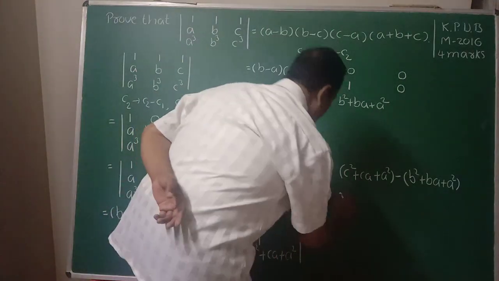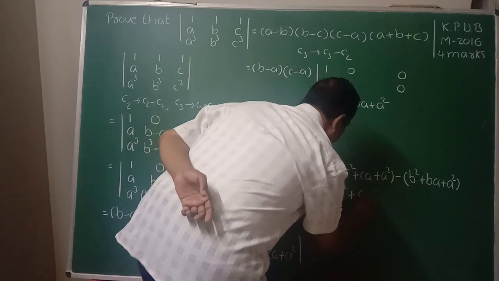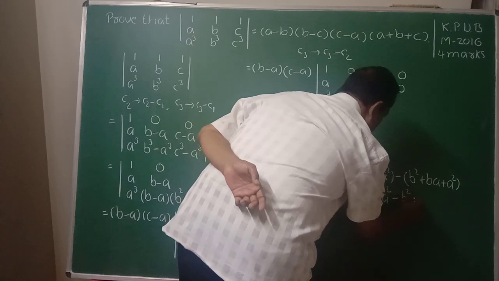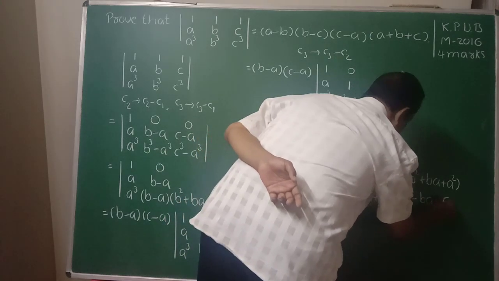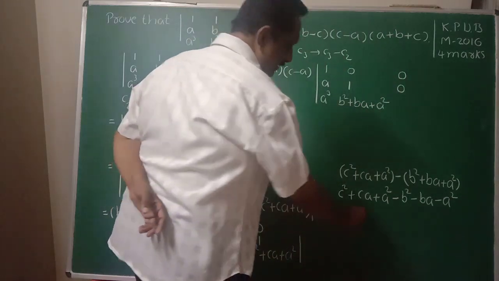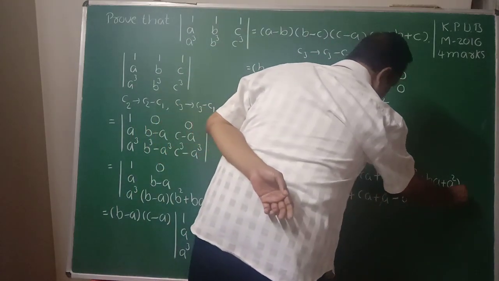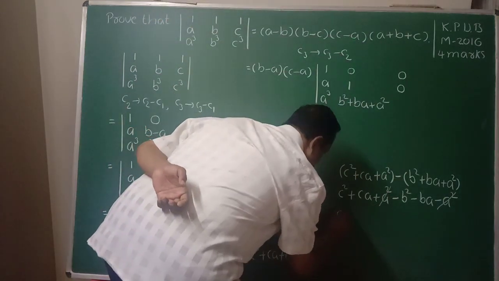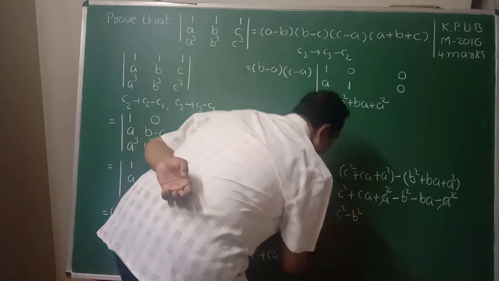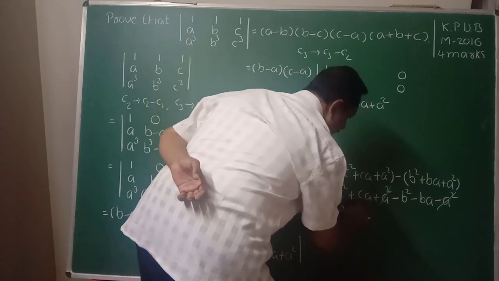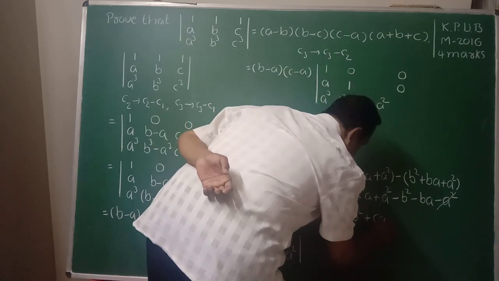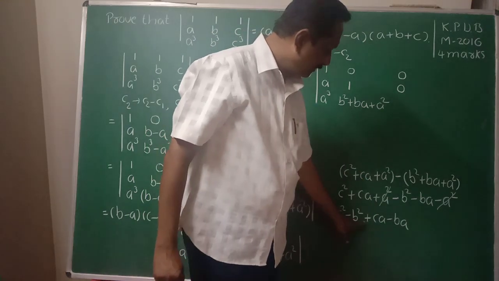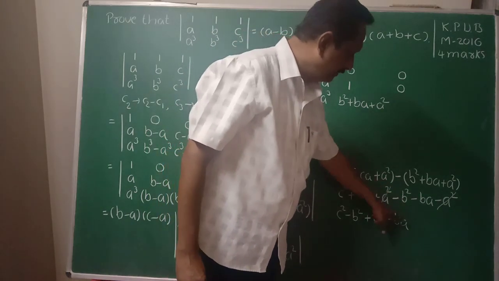Therefore c square plus ca plus a square minus b square minus ba minus a square. Then the plus a square and minus a square cancel here. Then c square minus b square is there, then plus ca minus ba.